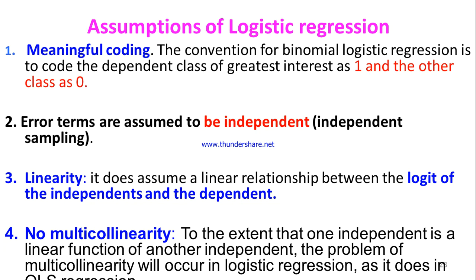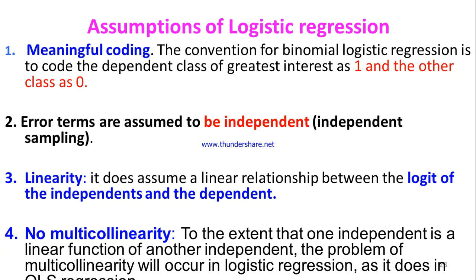Therefore, this coding is very important for logistic regression. For dichotomous outcomes, the category of interest must be coded as 1 and the other as 0. This is because in logistic regression we calculate the probability that a person will be categorized into the category of our interest.